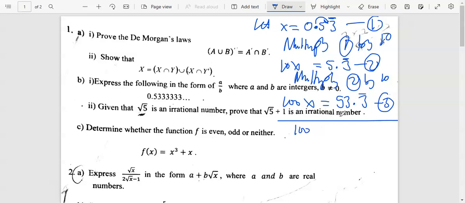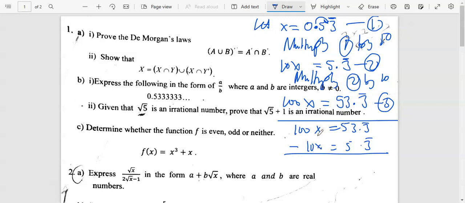Those are the ones where one is behind and one is in front of the repeating number. So that is 100x being equal to 53.3, and then the other one is 10x being equal to 5.3. The 3, remember, is repeating. So we're subtracting this.